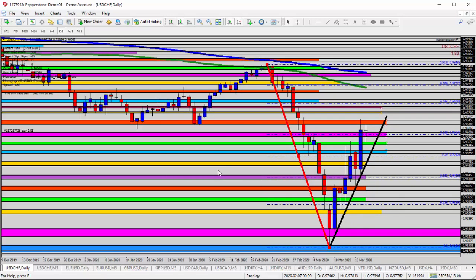So that red trend line, measuring Fibonacci top to bottom of that red trend line, puts a 0.618 Fibonacci retracement level right smack in the middle of our pink zone, right around the 0.9690 level. Right there in the middle of the pink shaded area is where our 0.618 Fibonacci retracement level of the red trend line is. So that's the pink zone.